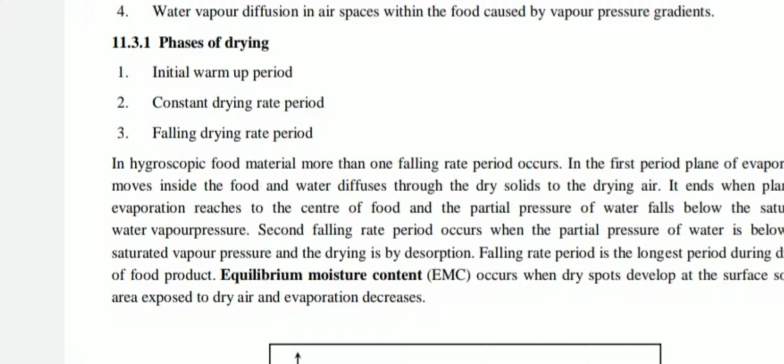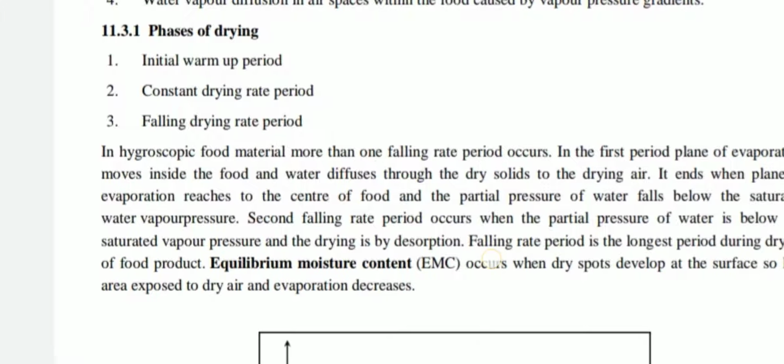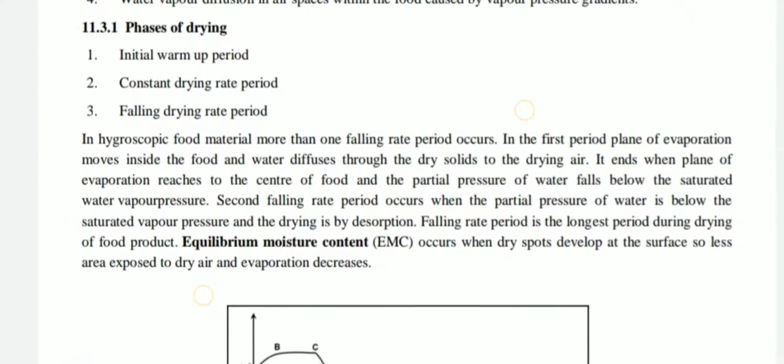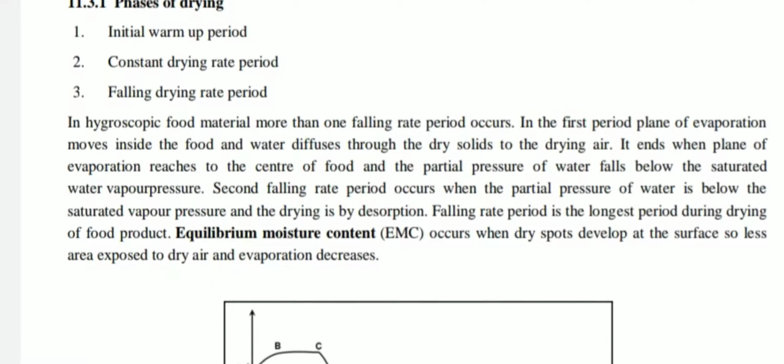Now phases of drying. There are three phases of drying: first, initial warm up period; second, constant rate drying period; and third, falling rate period. Now in hygroscopic food material, more than one falling rate occurs.